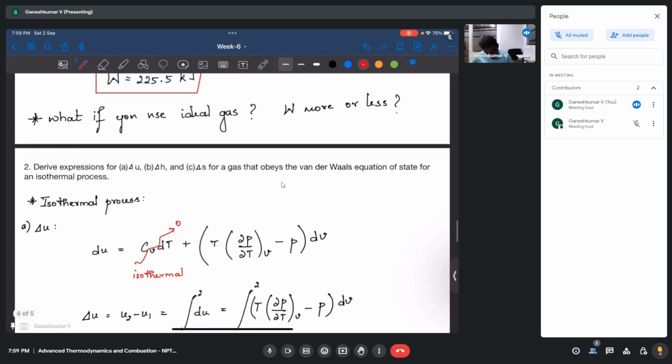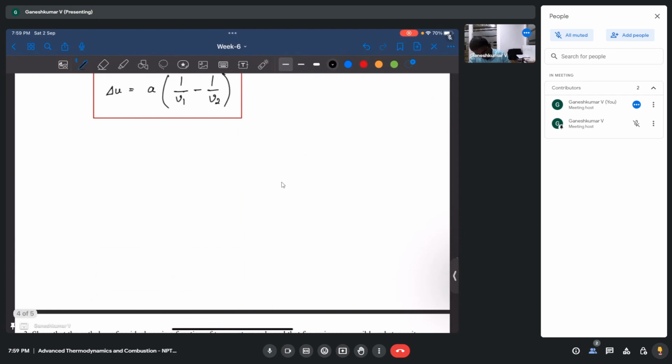The next one is delta H. Again, we have the enthalpy equation which we already know. H is nothing but U plus PV, right? So dH you can write like dU plus d(PV).